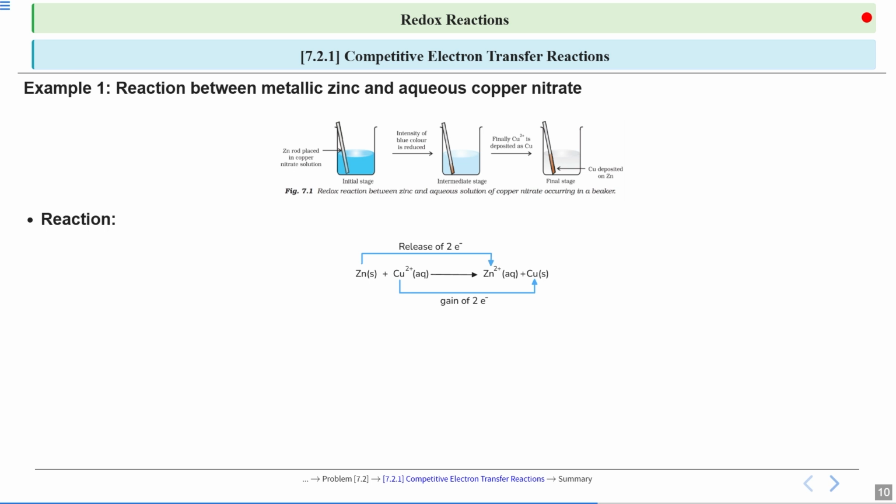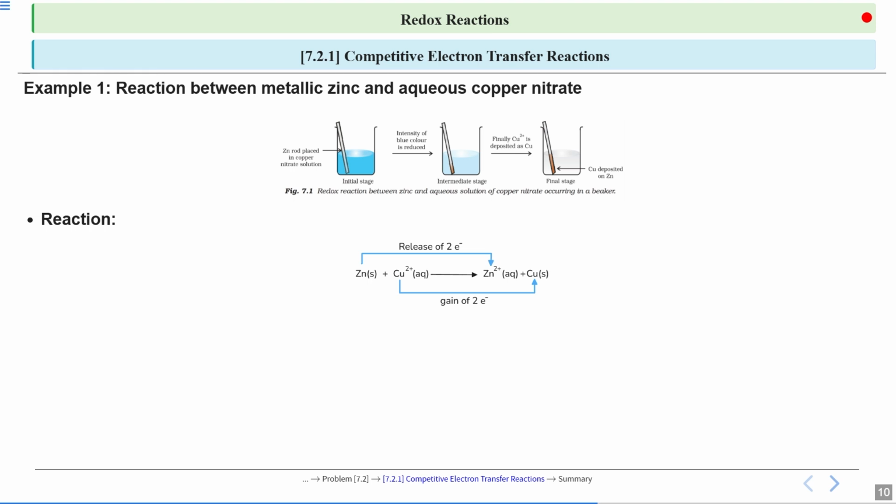In the solution of copper nitrate, Cu(NO3)2, copper is present in the Cu2+ state, while zinc is present as Zn. So in the reactants, zinc is in the 0 oxidation state, while Cu2+ is in the +2 oxidation state. What does zinc do?